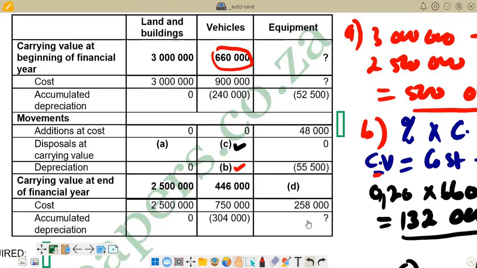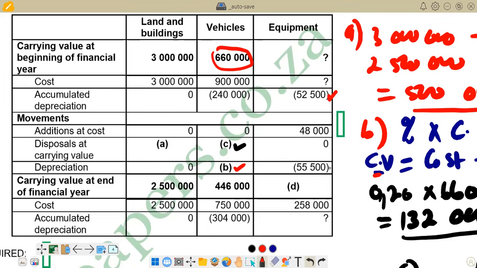To find the accumulated depreciation, remember, we can say the accumulated depreciation that we have at the beginning, we add the depreciation for the period to get the accumulated depreciation at the end. Basically, this figure is the accumulated depreciation at the beginning.